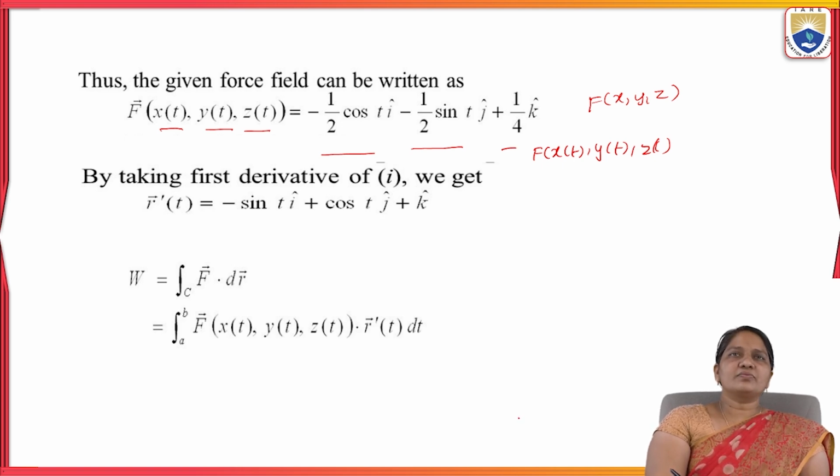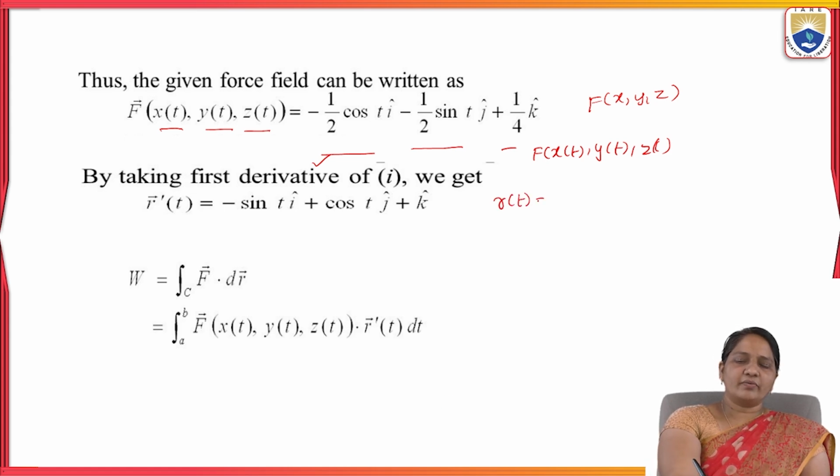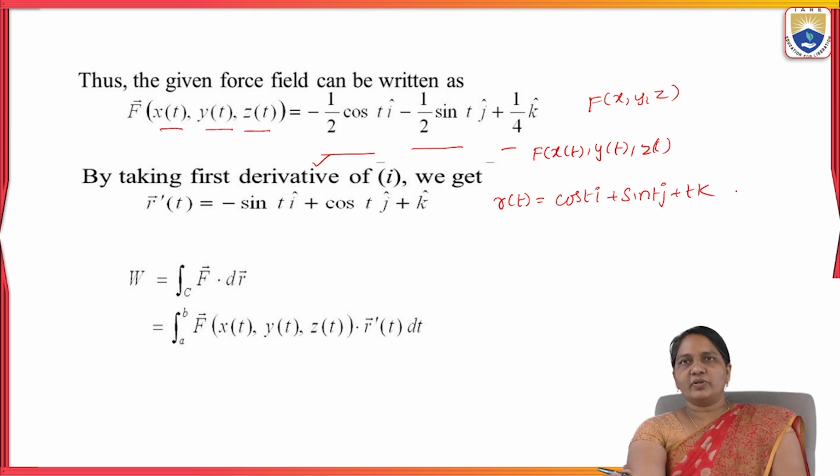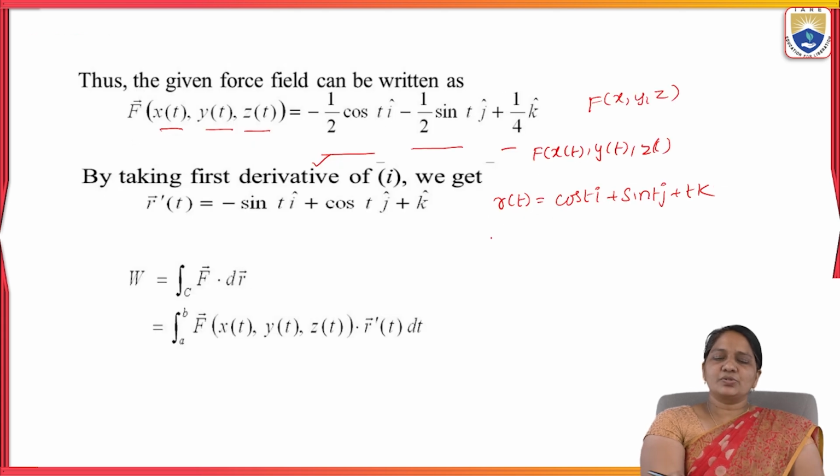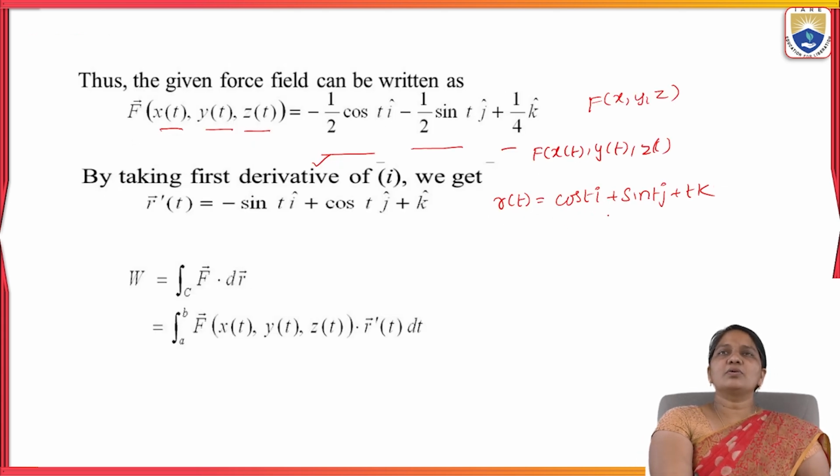So here, first we calculate the first derivative. The curve is r of t equal to cos t i plus sin t j plus t k. We calculate the first derivative of r of t.